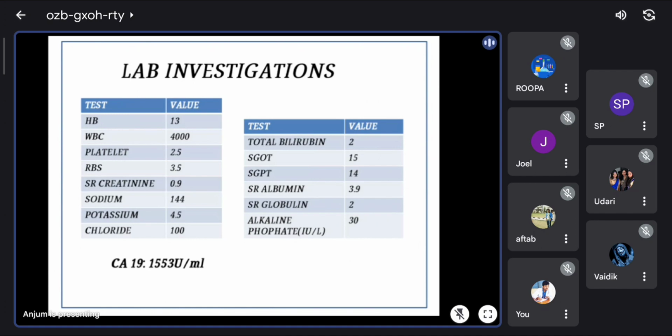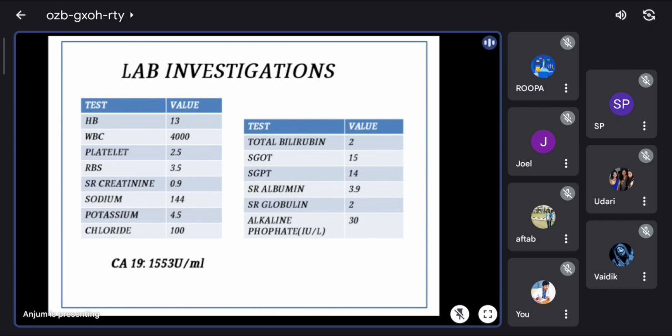This marker is basically present on the cell surface of the pancreas, and whenever the pancreatic cells are very active, it is released. Higher levels of CA19-9 indicate that the pancreatic cells are very active. So this is the marker for pancreatic cancer, and it was very high. Usually it should be below 9 or 10.